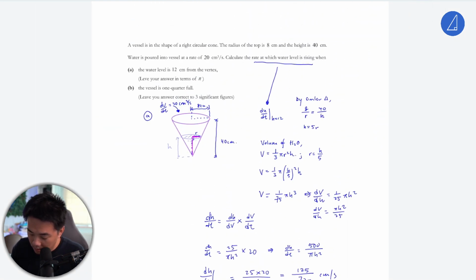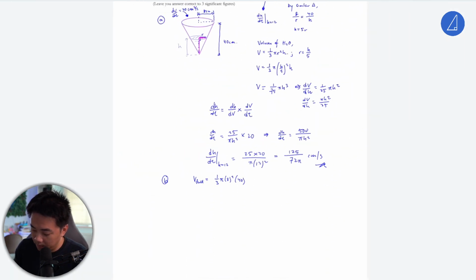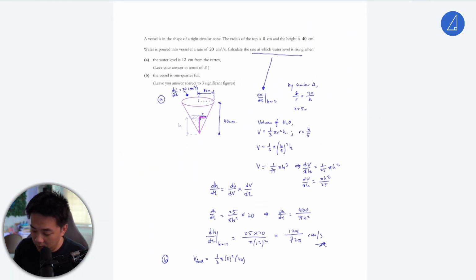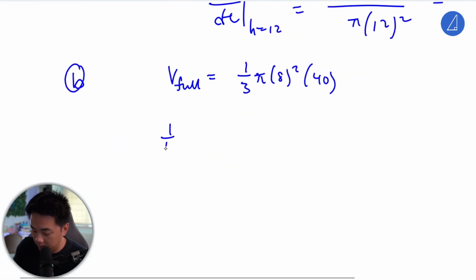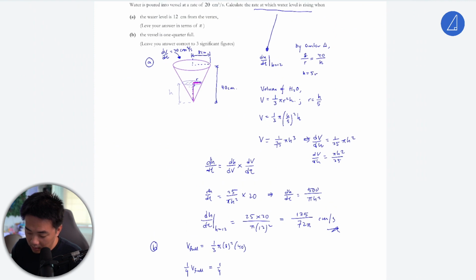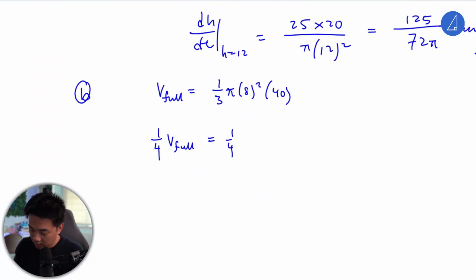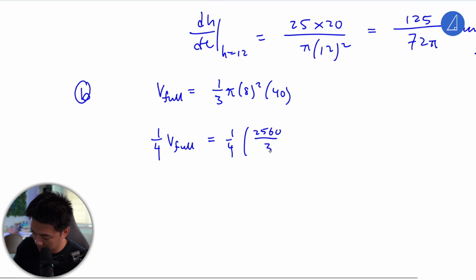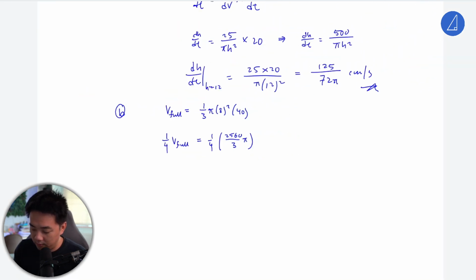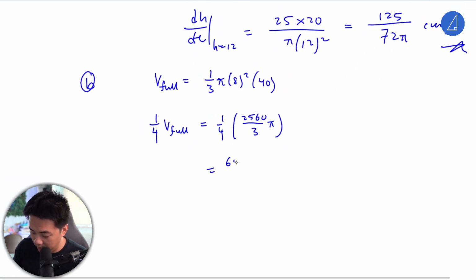When it's one quarter full, it will be one quarter of this entire thing. We don't need it in terms of pi, so 3SF. This will be 320/3 pi cm cube.